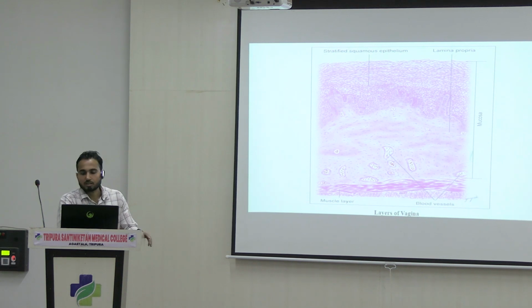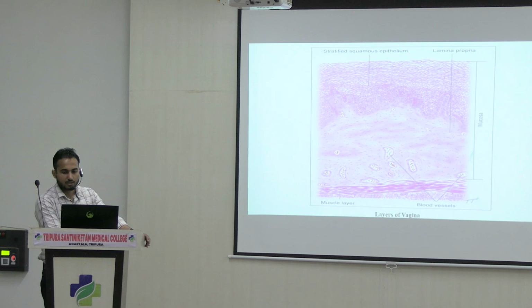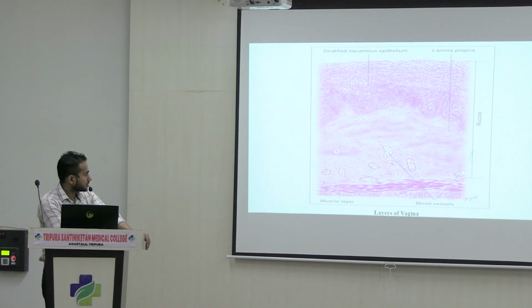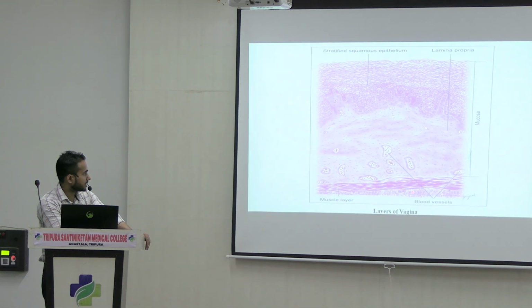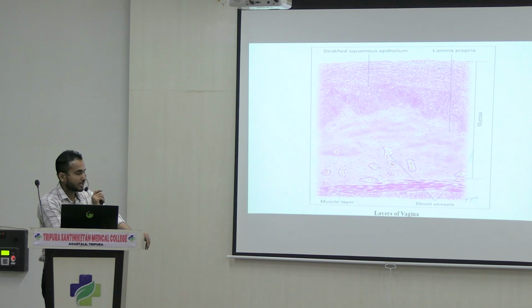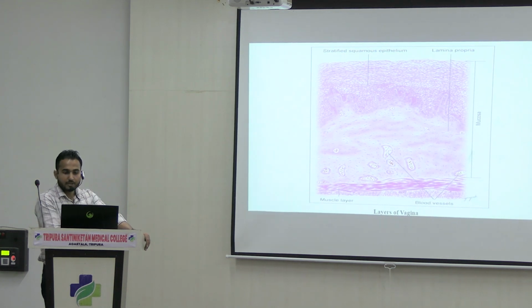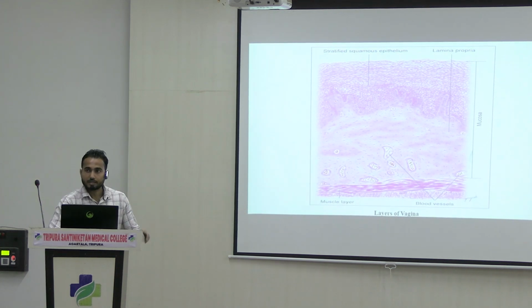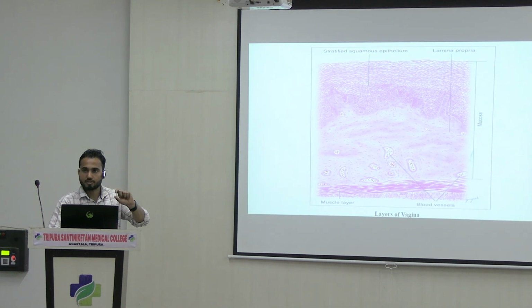After that, the muscle coat is there: outer longitudinal and inner circular layer. So this is the inner circular layer, this is the outer longitudinal layer. This is the muscle coat which you can see in case of vagina. Now in the muscle coat, in between the muscle fibers, what is present?